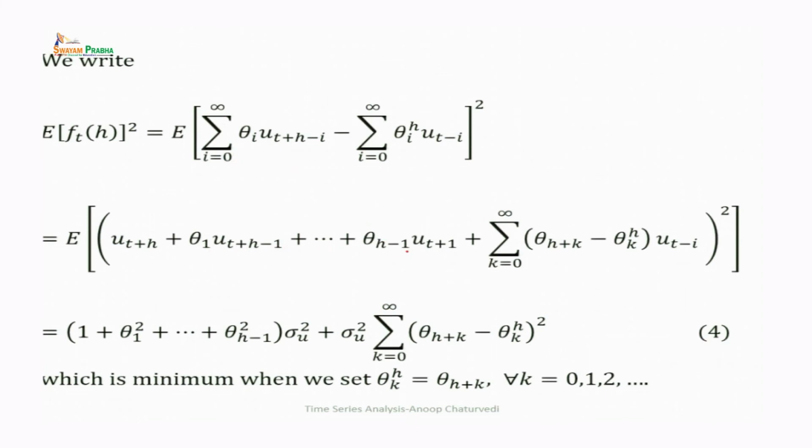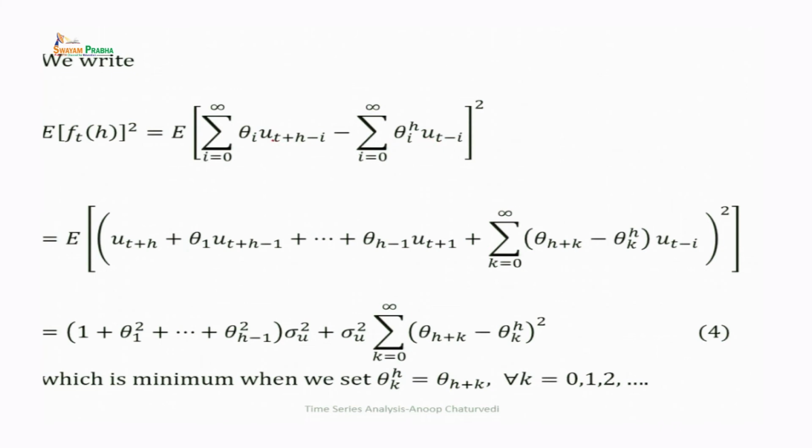You go up to i equal to h minus 1, so theta h minus 1 u t plus 1. Then for i equal to h, you get a term theta h u t here, and in the second term for i equal to 0, you get theta 0 h u t.